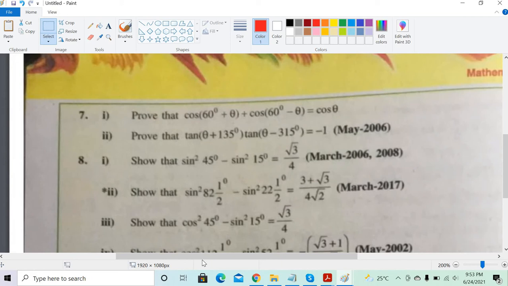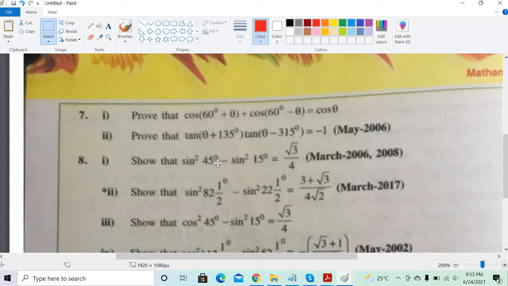So it comes tan theta plus 1 on the top, correct, and then down it comes as 1 minus tan theta. Correct. And down it will come 1 plus tan theta. And in the 135 one, it comes as tan theta minus 1 by tan theta plus 1.